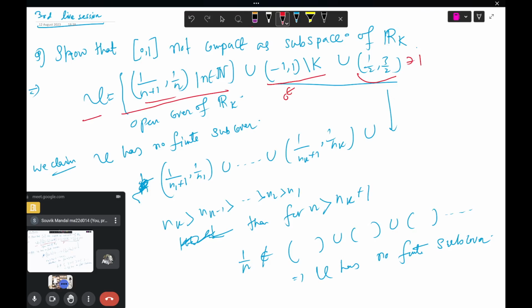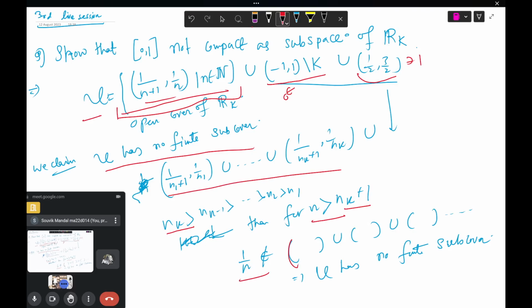Now we claim that U has no finite subcover, because if U had a finite subcover, then these intervals (1/(n+1), 1/n) would involve only finitely many n's covering the whole space. Suppose the n_k are in strictly increasing order. Then if we take any natural number n greater than n_k plus 1, that point 1/n will not lie inside these open intervals, right? So that's why U has no finite subcover. This is the argument.